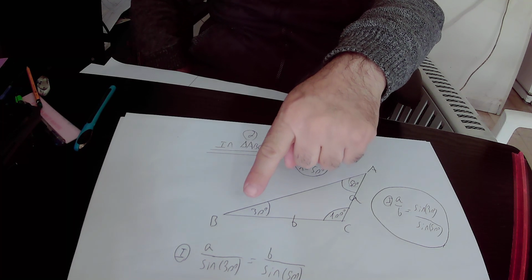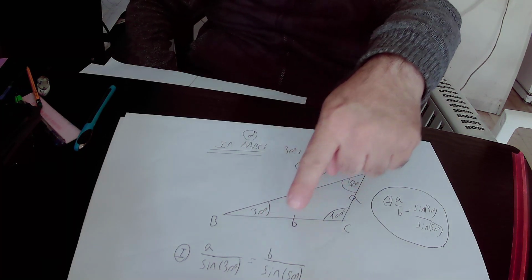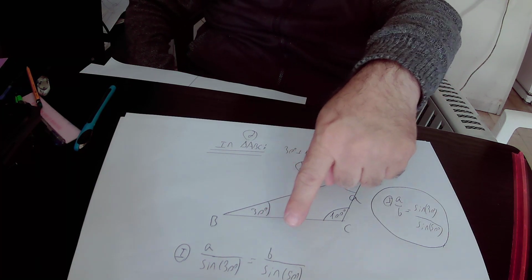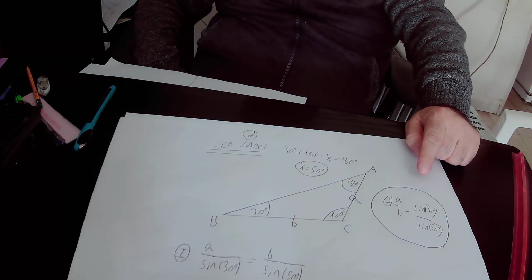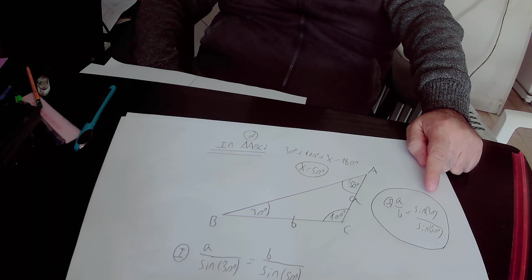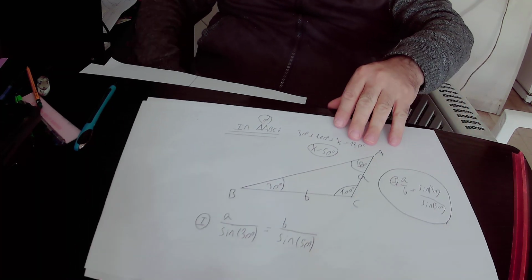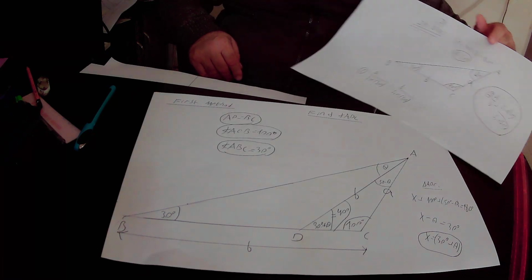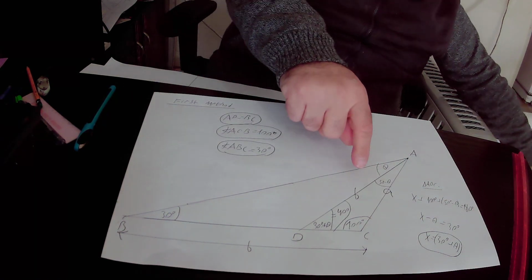Here we divided this equation number 1 by B, and then we multiplied it by sine 30 degrees. So we got that A over B equals sine 30 degrees over sine 50 degrees. I will repeat again that according to equation number 1, A over B equals sine 30 degrees over sine 50 degrees.